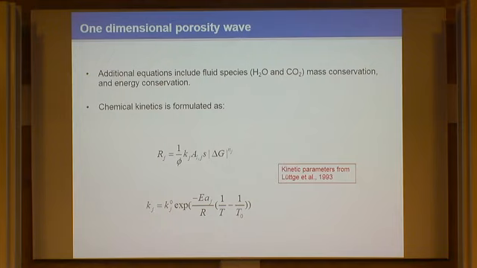This delta G is the Gibbs free energy change in the system. A is the reactive surface area in the mineral system, which I assume is constant for the time being. And this Kj is a rate constant, which is temperature dependent, as in the Arrhenius relationship.